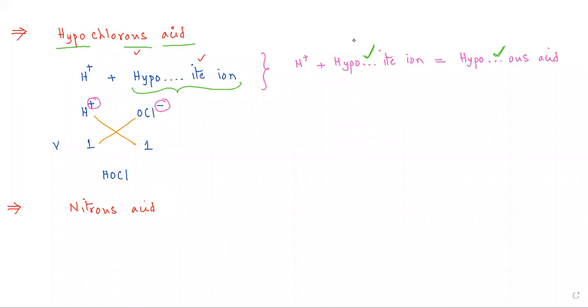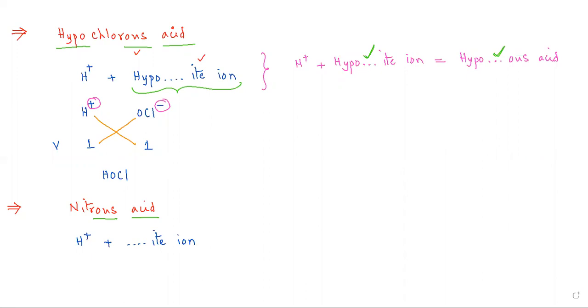Nitrous acid. It's of course very simple. Here you are asked to write the formula of some ous acid. For that, take H plus and add. Just now I told that for ous acids you have to take ite ion. Come on. Let us take ite ion.